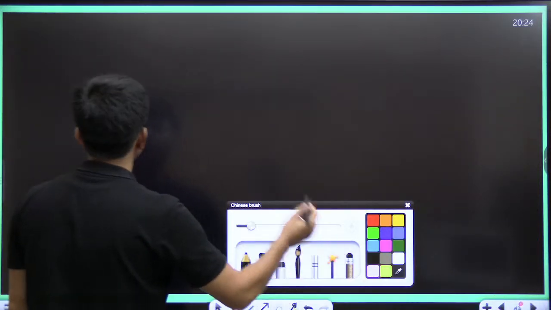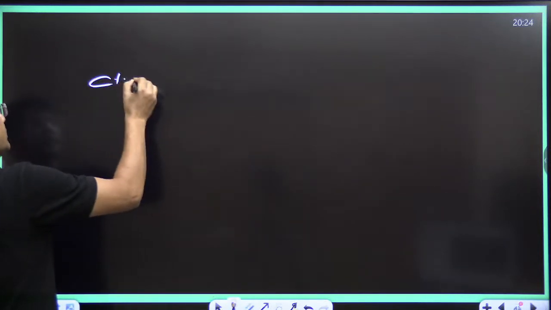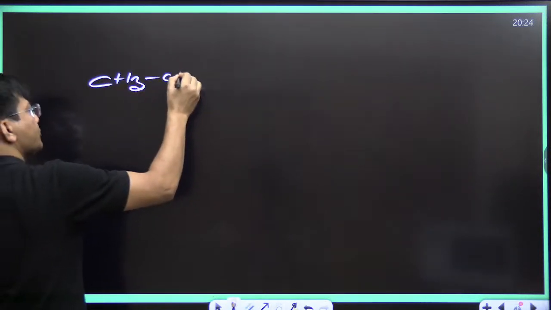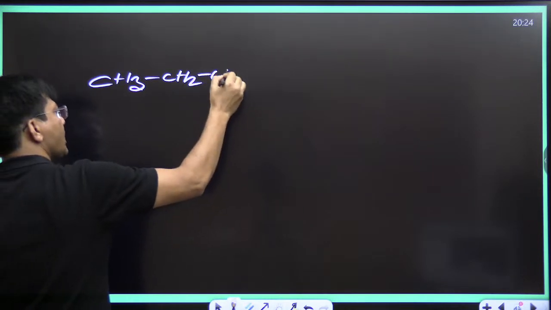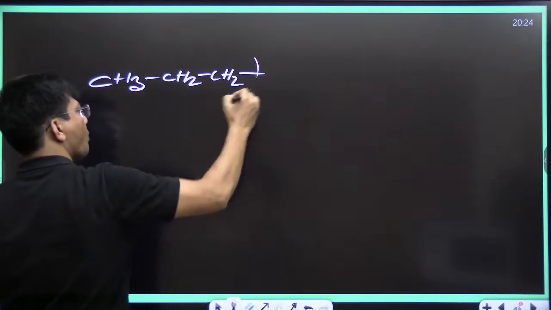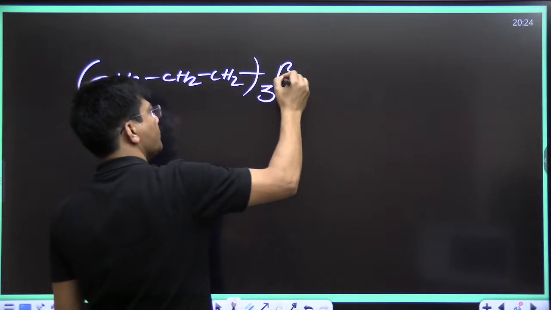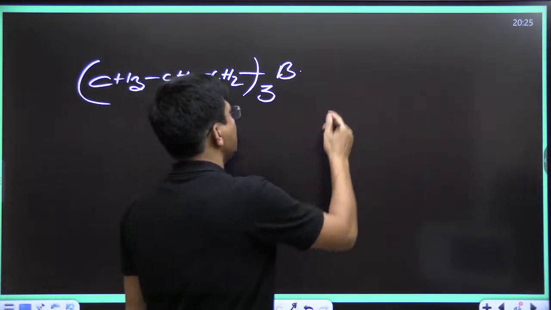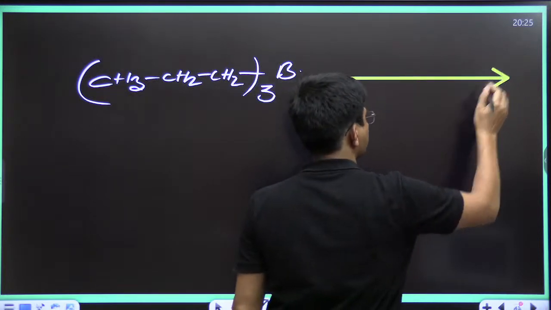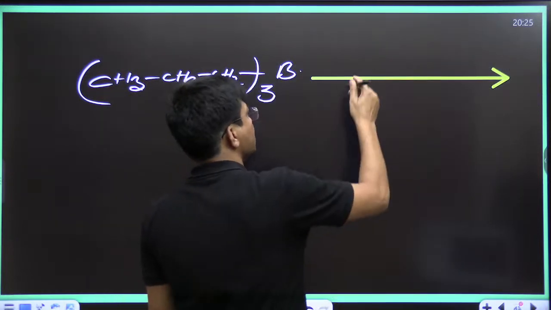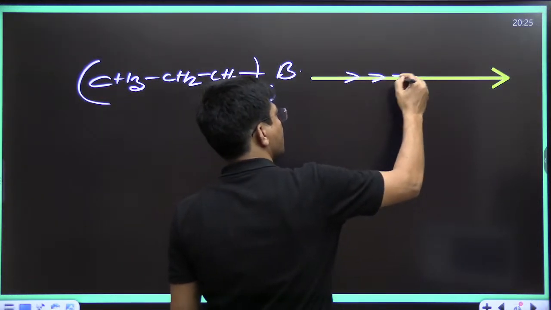See, kids. You got CH3, CH2, CH2, whole thrice B. This is your trialkyl borane. Now it will react in a number of steps. They are not in the syllabus, my dear students, not even the syllabus of IIT.